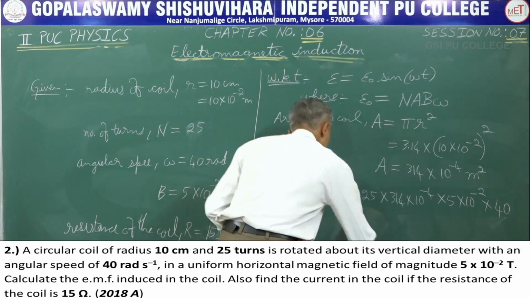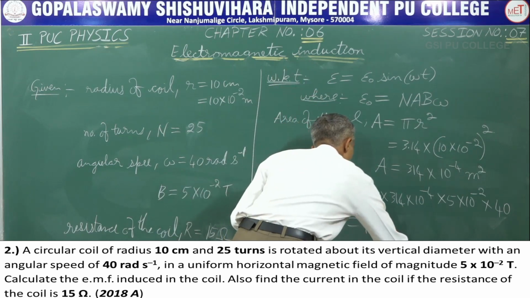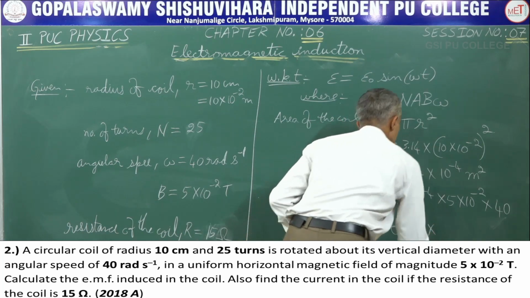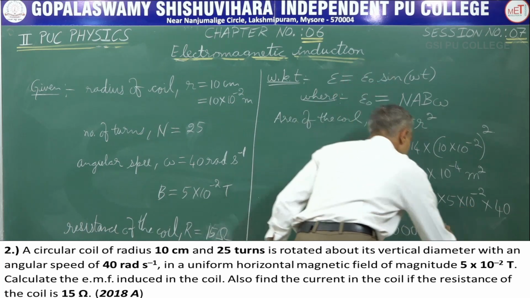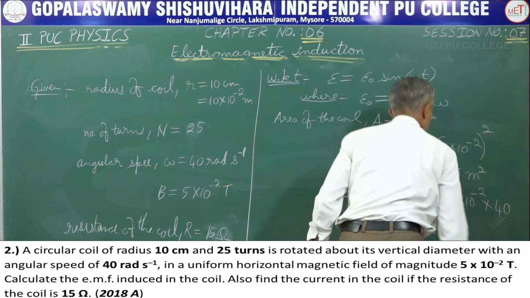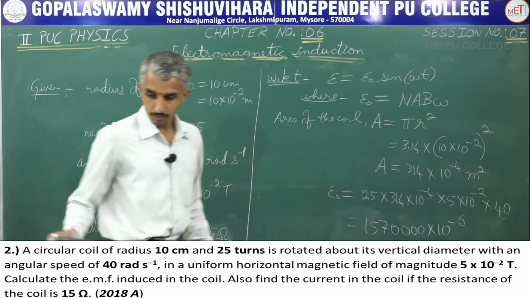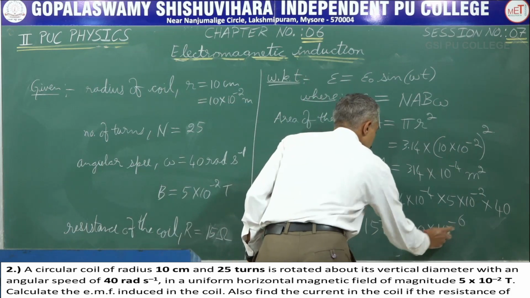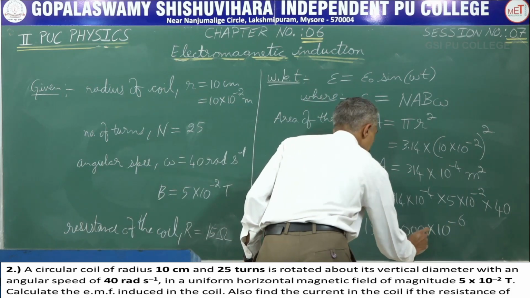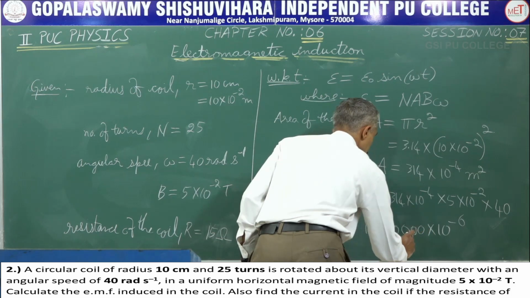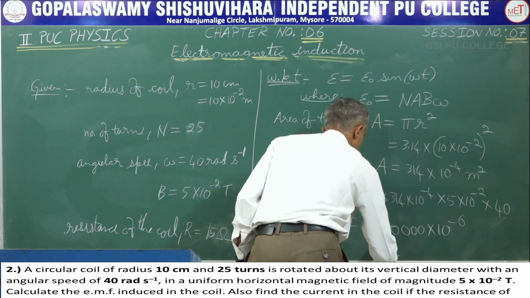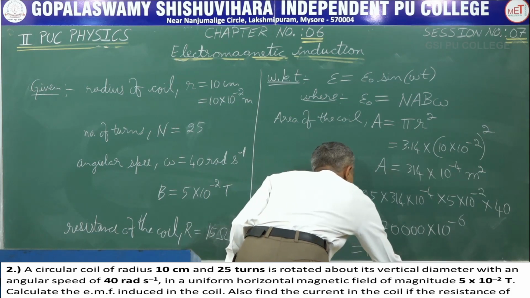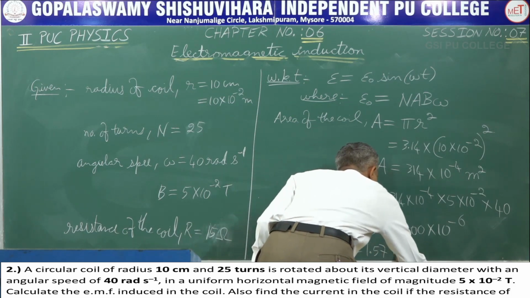So we will get this as 1570000 into 10 to power minus 4 into 10 to power minus 2, which is 10 to power minus 6. So shift the decimal 6 places, 1, 2, 3, 4, 5, 6. We get this as 1.57 volt.